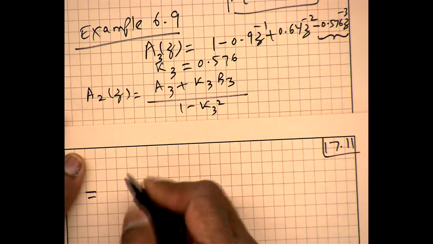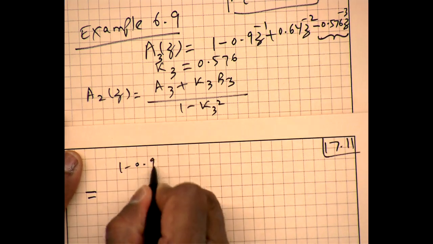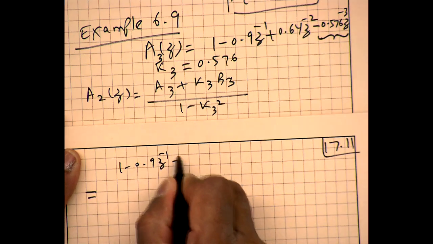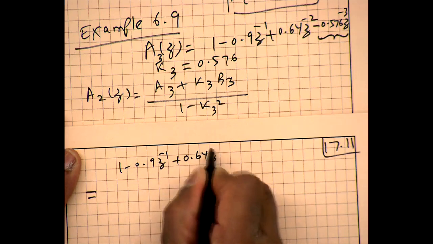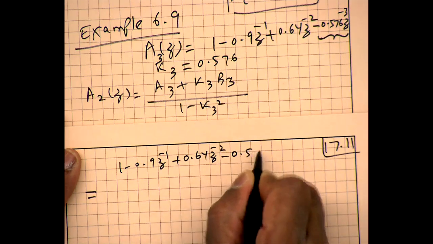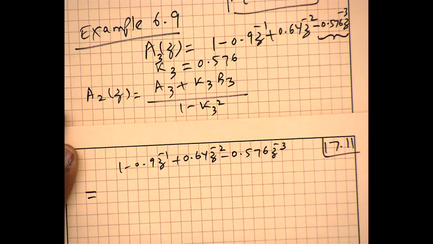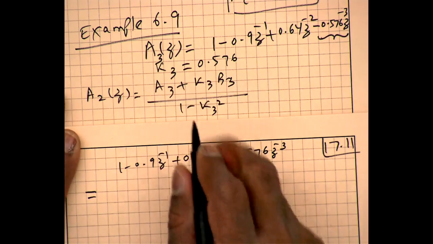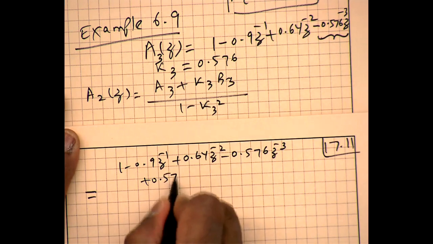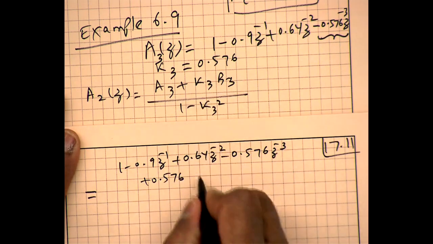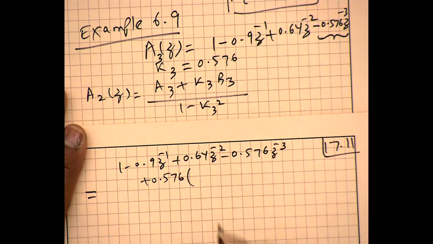So that is going to be 1 minus 0.9 z^-1 plus 0.64 z^-2 minus 0.576 z^-3. That's A_3 plus 0.576, which is K_3, times B_3, the reverse polynomial.